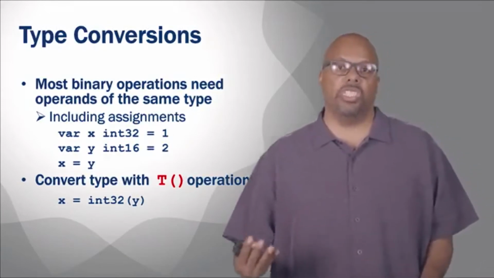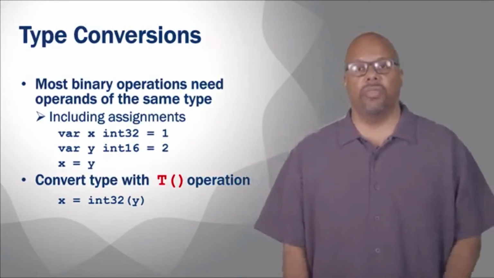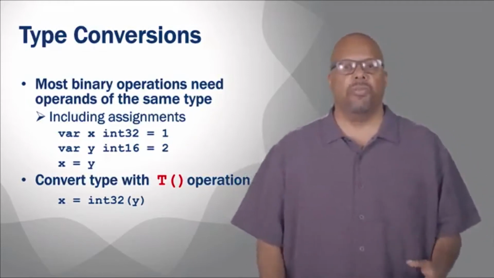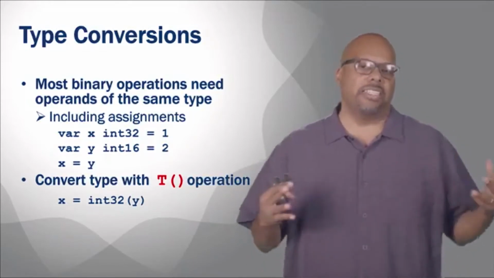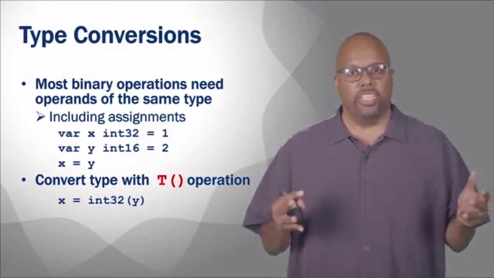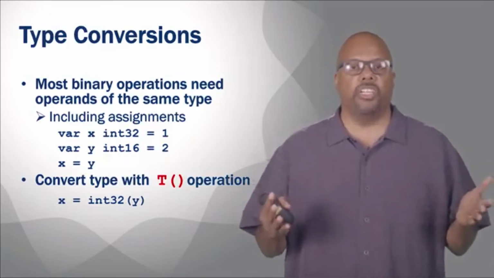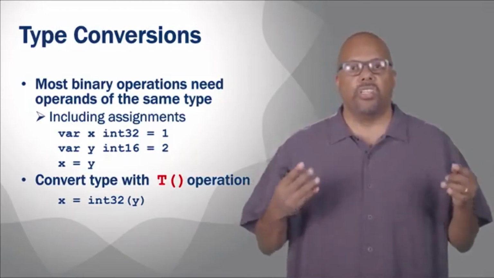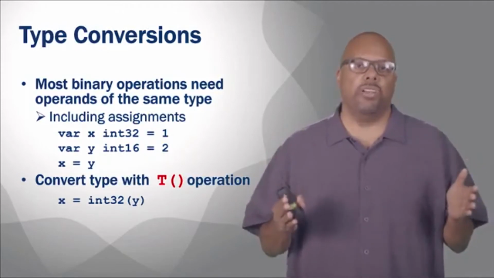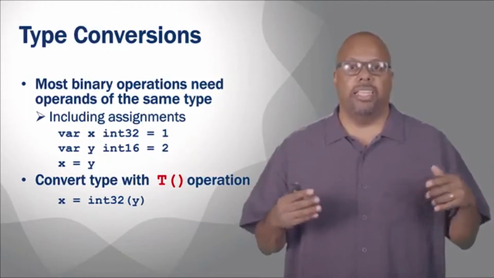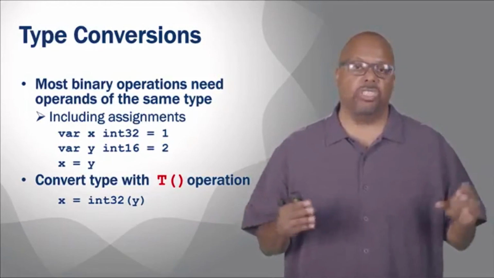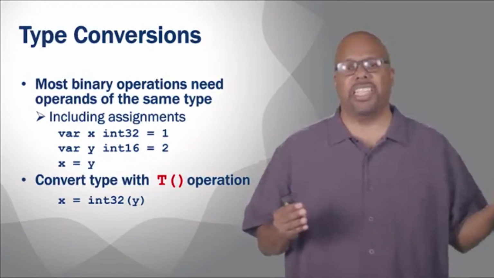It would take y, which is int16, and convert it to int32. Now this is a conversion that is possible. All it has to do is sign extend the y integer. You don't want to change y's value. It's equal to 2, right? So y is a 16-bit version of 2, and they want to make it into a 32-bit version, so it's going to take the sign bit and just extend it.